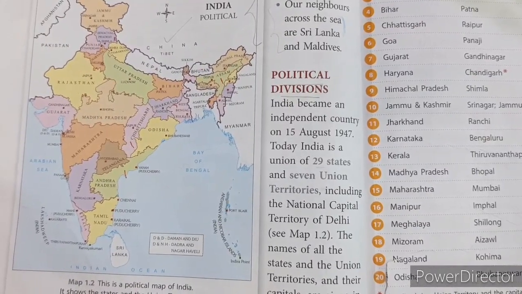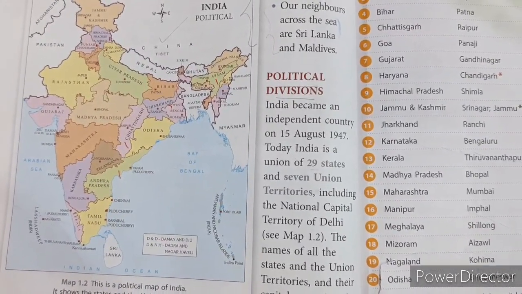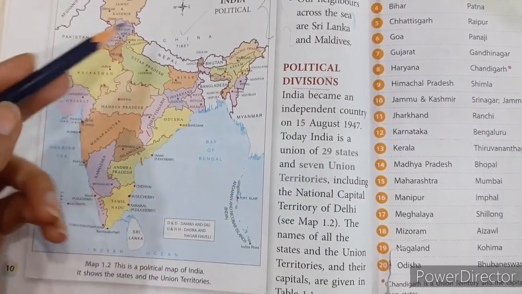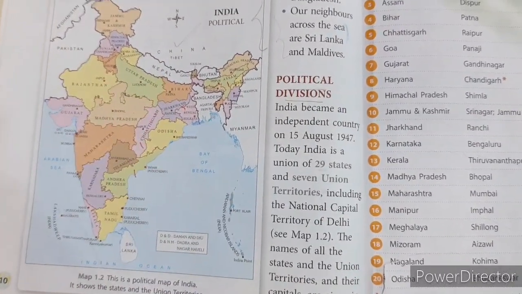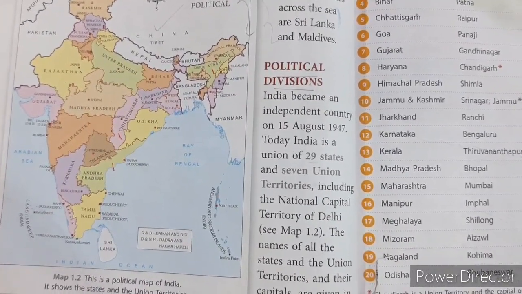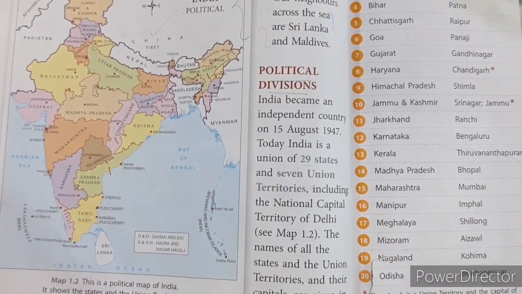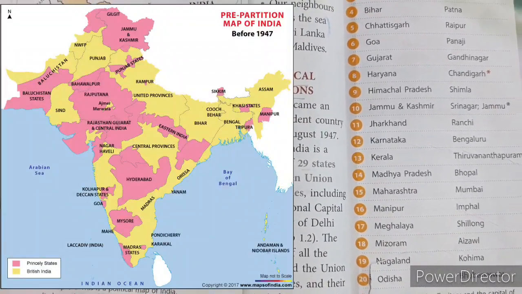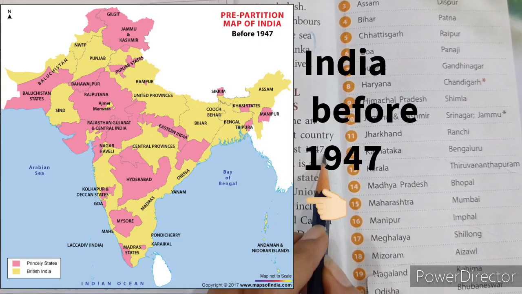When a country or a state is divided politically into certain numbers of states and union territories, these divisions are called political divisions.